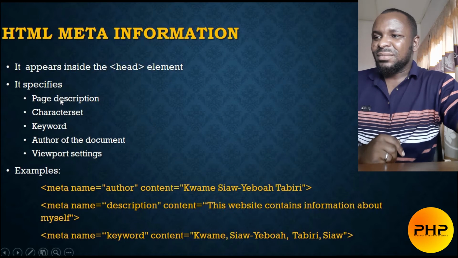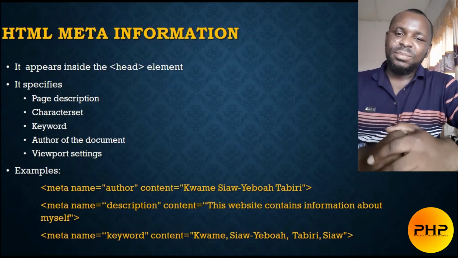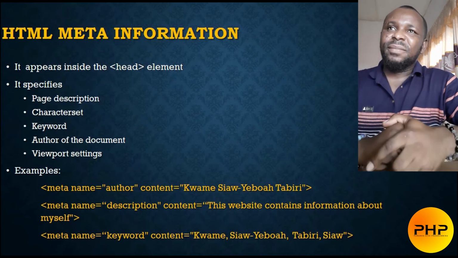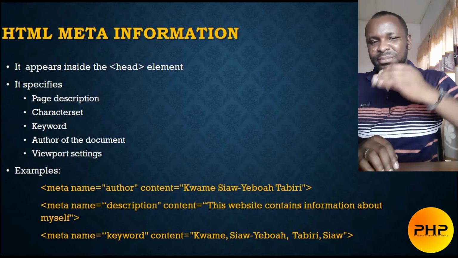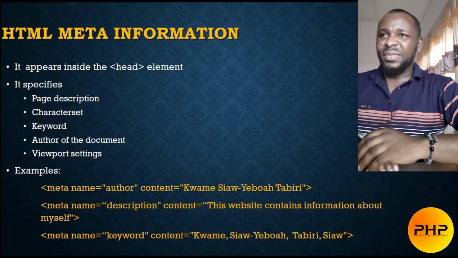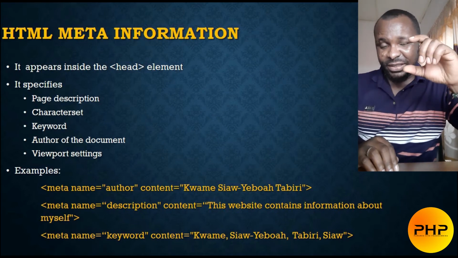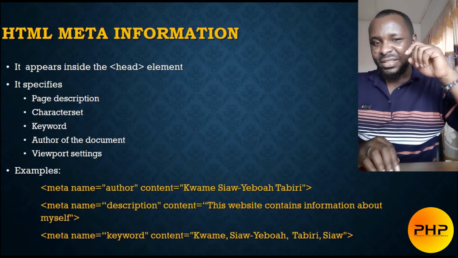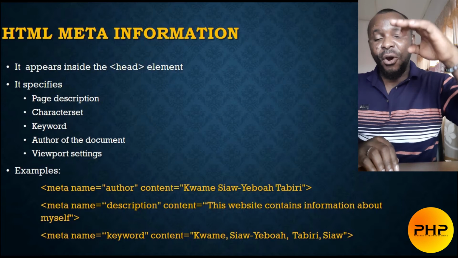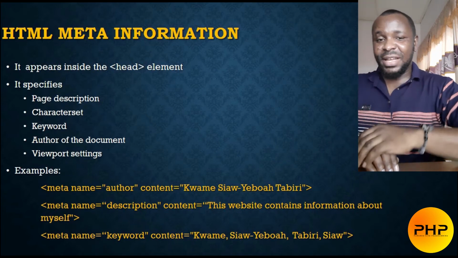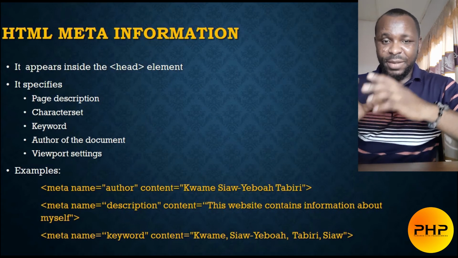Sometimes when you are searching for content in Google or any other search engine, as soon as you type the name, a list of results appears, and you see a brief description of what the web page is trying to display. Do you get it? All those things are defined in the metadata. They form part of the meta information.